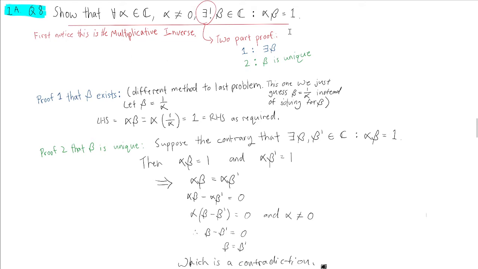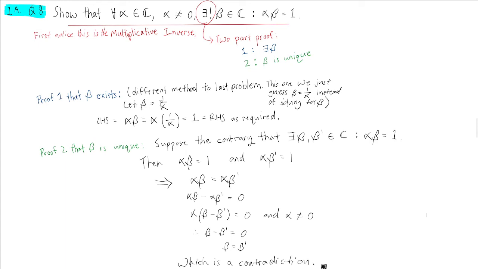So first I want you to notice that means beta is going to be a multiplicative inverse of alpha. I think it's 2 pages before the exercises where you can find that definition in the textbook. So knowing that it's a multiplicative inverse, we can prove that beta must exist.